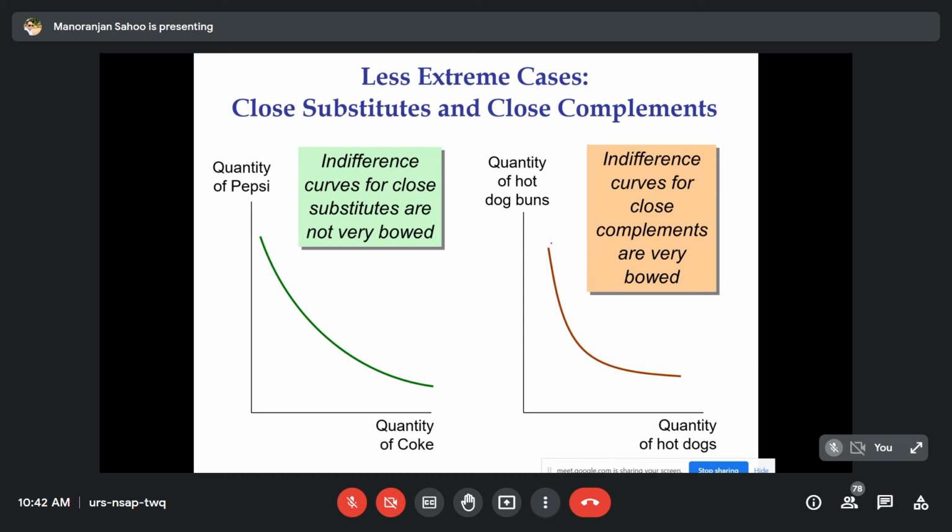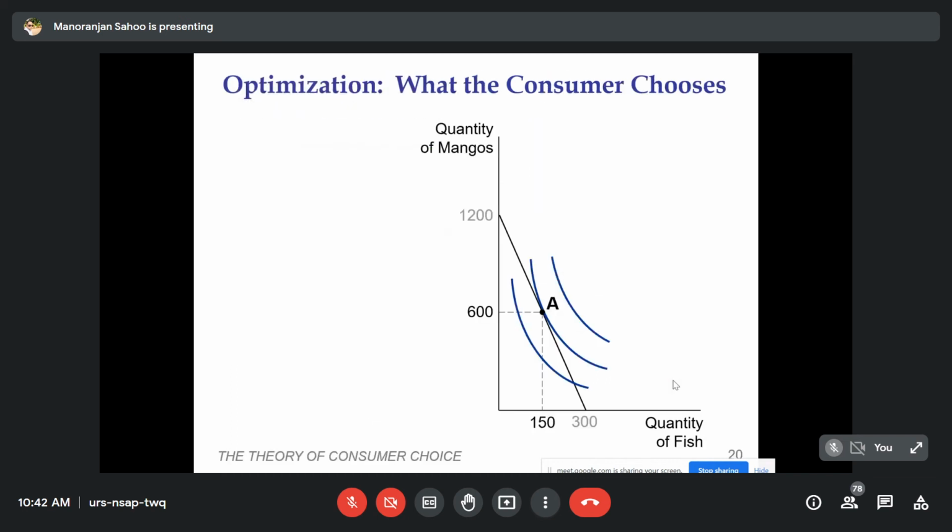Okay. Then we'll come to the important thing which is called the consumer's equilibrium. How does the consumer attain equilibrium given the budget constraint and given the preferences explained by the indifference curve? So here this is an indifference map. Indifference map means where there will be more than one indifference curve.